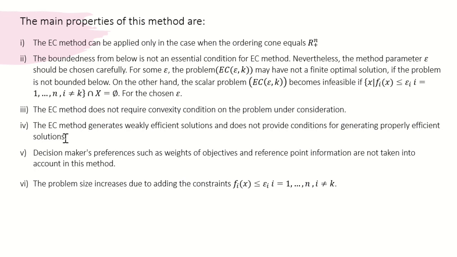And this method generates a weakly efficient solution but does not provide conditions for generating a properly efficient solution. As a decision maker's preference, such as weights or reference point, are not taken into account in this method, and the problem size increases due to adding this condition to the problem.